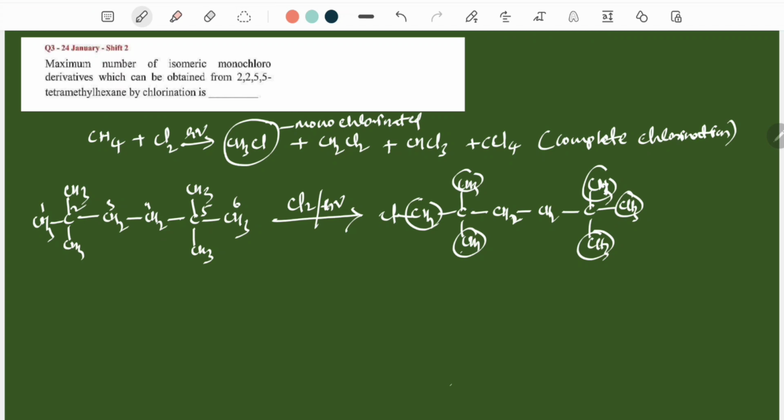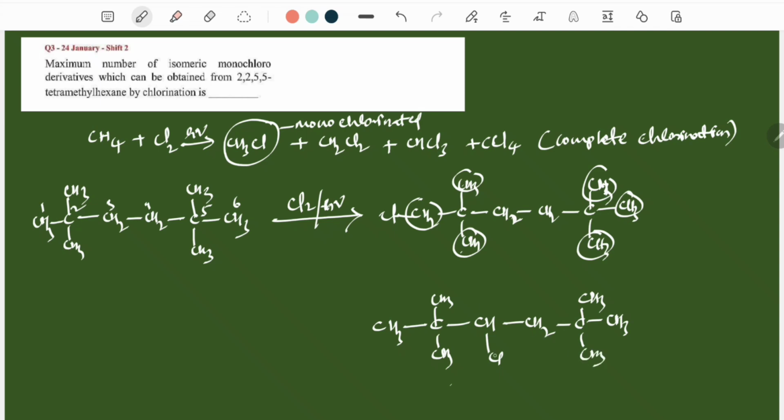Now look at the next one, where it attacks. For example, CH3, CH3, CH3, CHCl, CH2, CH3, CH3, CH3.